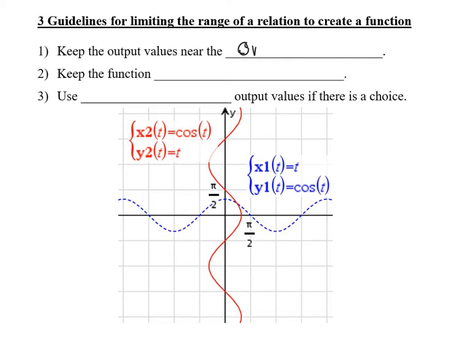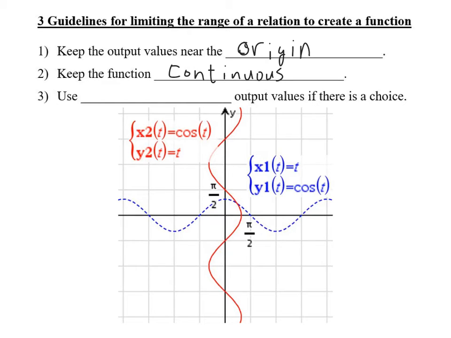All right, so fill in origin there. The second guideline that we'll go by is we want to keep the function continuous, meaning no breaks in the graph if possible. So continuous. I think I spelled that right.